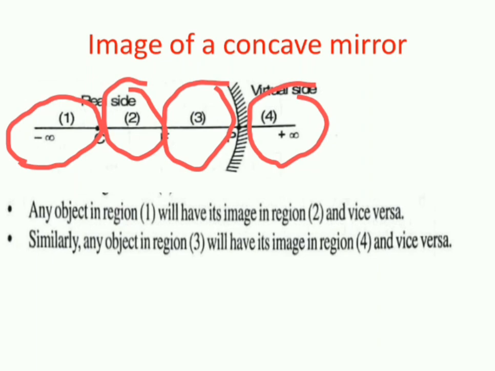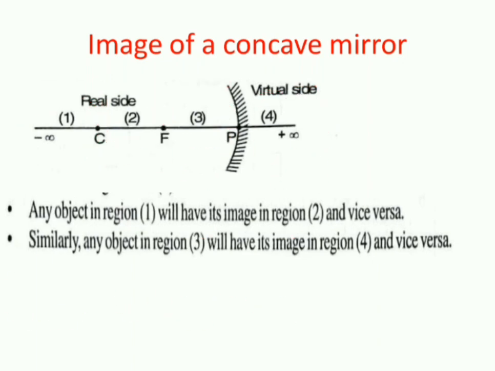We know any object in the first region will have its image in the second region and vice versa. If the object is beyond C, for a concave mirror, we know the image is formed between C and F. So the same thing we have indicated in regions. Any object in region 1 will form an image in region 2.